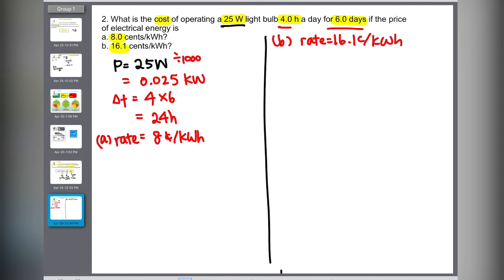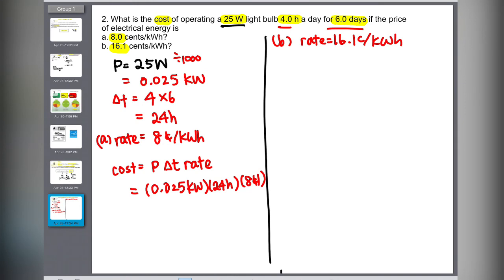All right, super big long equation. Equation for cost is power times time times the rate. Okay, power is 0.025 kilowatt. The time is 24 hours, and the rate is 8 cents per kilowatt hour.